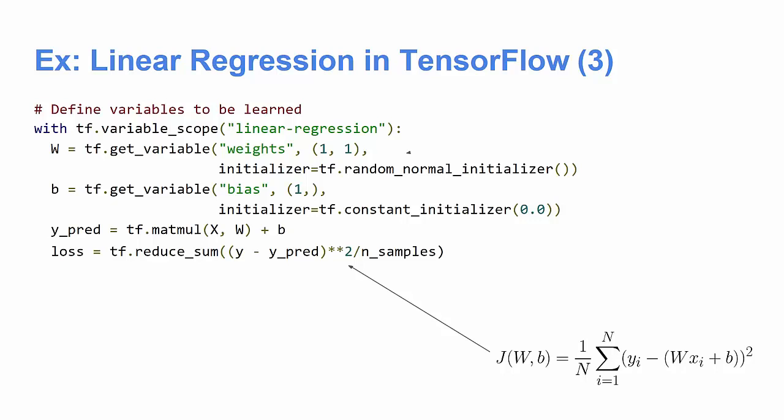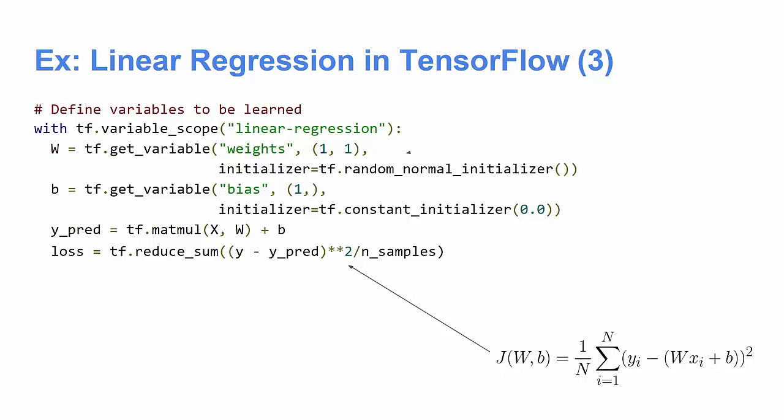Now if we define a function y_pred which is tf.matmul(x, w) plus b, which is the simple equation of a linear line, and then we define the loss function as tf.reduce_sum((y minus y_pred) squared) divided by n_samples, it will give us the MSE, which is the mean square error.